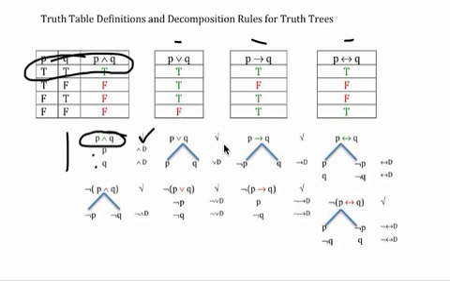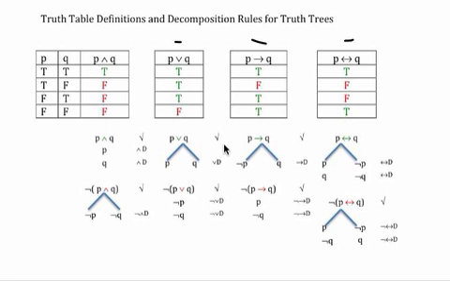In order for P and Q to be true, that is for the whole conjunction to be true, P has to be true and Q has to be true, and then we've justified that by reference to our conjunction decomposition rule. So again, whenever there's only one way for the complex proposition to end up being true, we're going to stack. Whenever there's more than one way, we're going to branch.